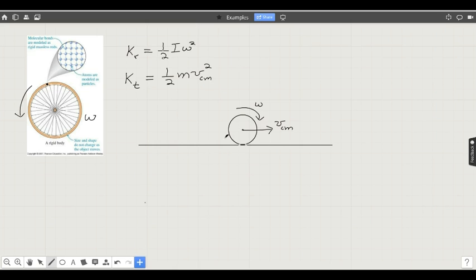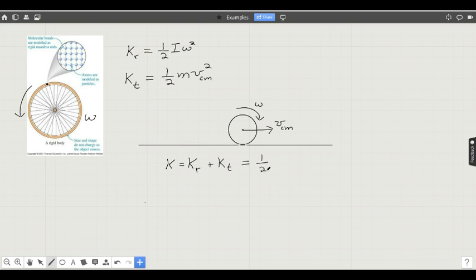So what we have here is a total kinetic energy, which is equal to the rotational kinetic energy plus the translational kinetic energy. So what we have to do now is we split the kinetic energy into two parts.